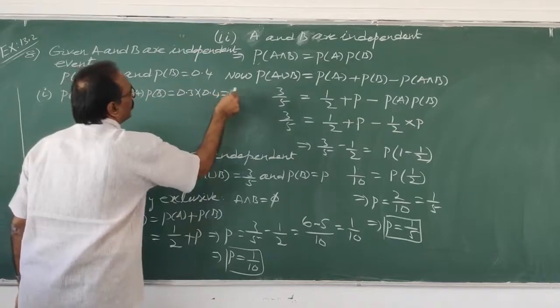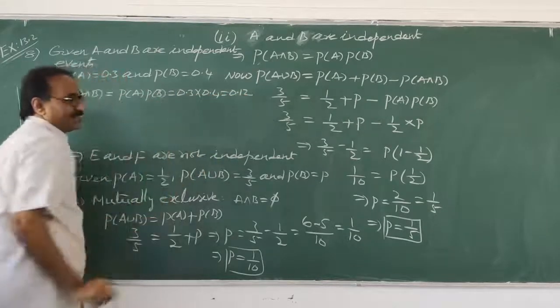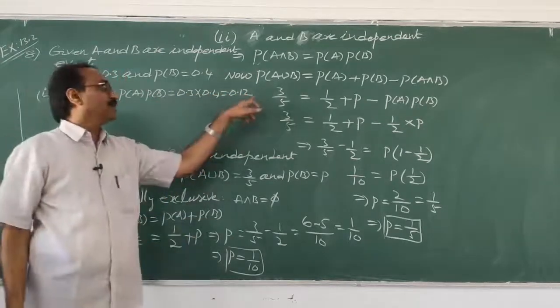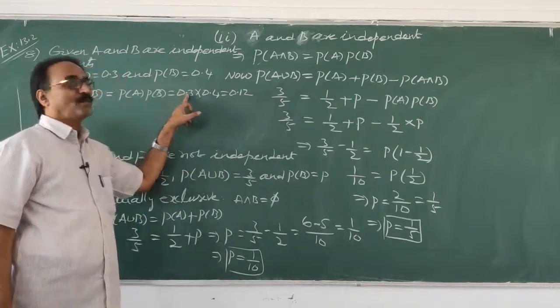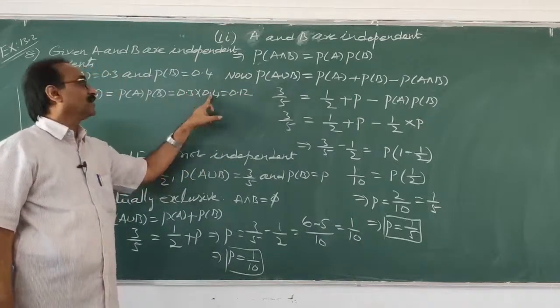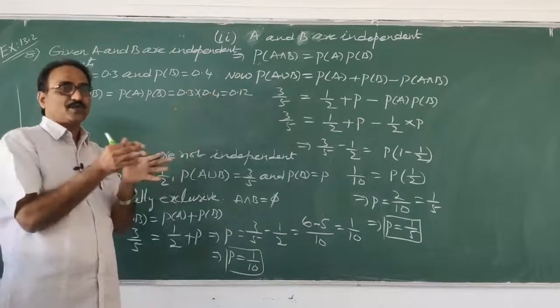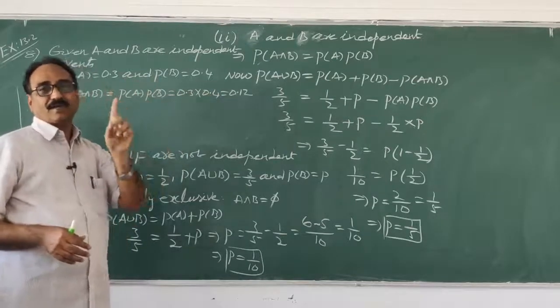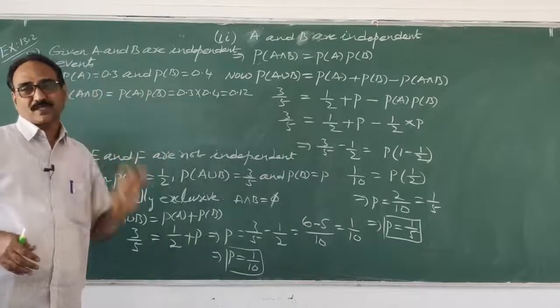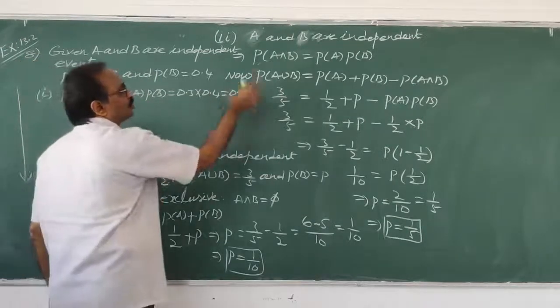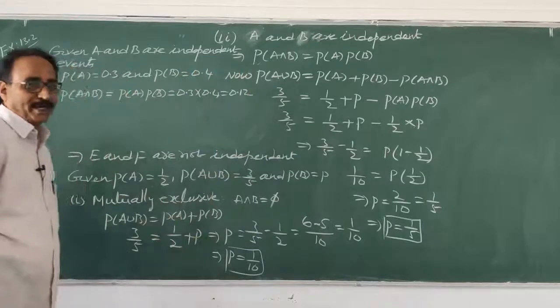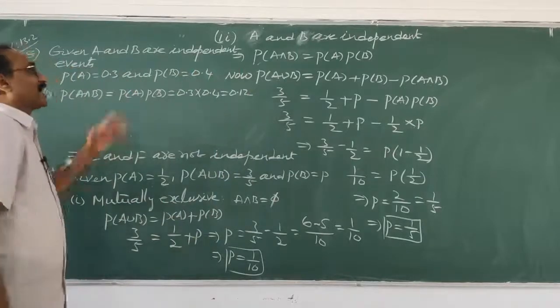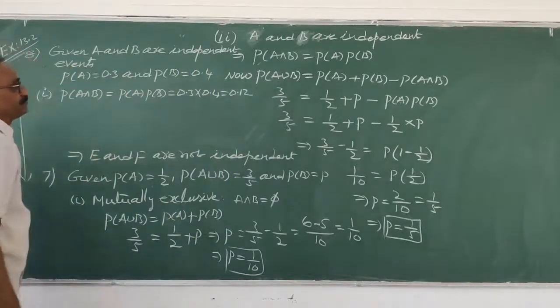How much is it? 0.12. 4 3 is 12. After decimal point 1 digit and after decimal point 1 digit, multiplication means you should add 1 plus 1, 2. So in the result, after decimal point, 2 digits must be there. 0.12. I think you know it, but again I explained how it has come.